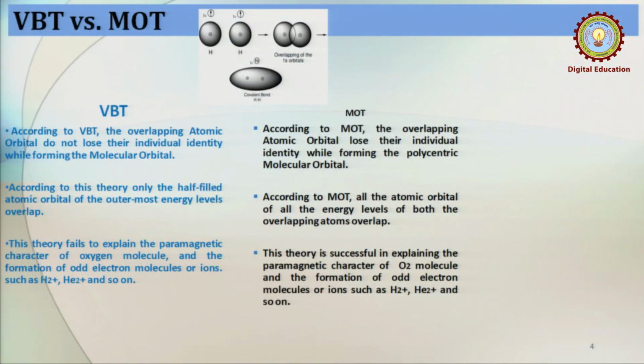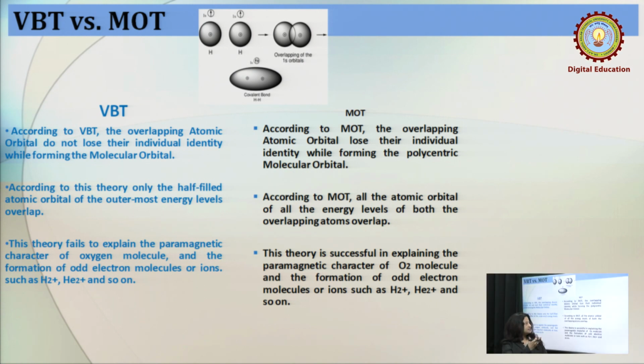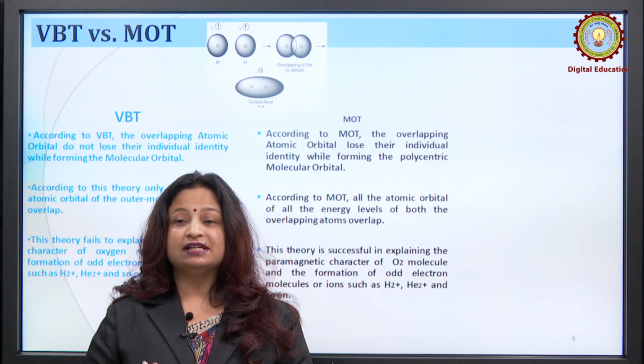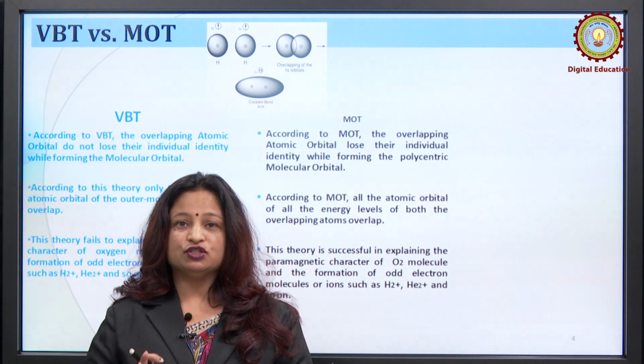When we talk about the differences between valence bond theory and molecular orbital theory, in the very first point it has been mentioned that as per valence bond theory, when two atomic orbitals overlap, they do not lose their individual identity.